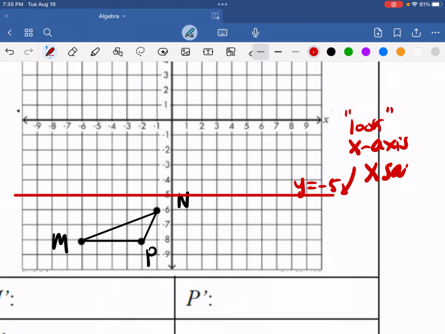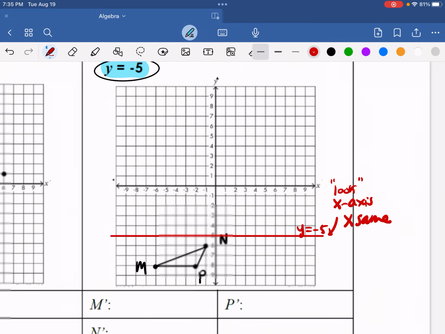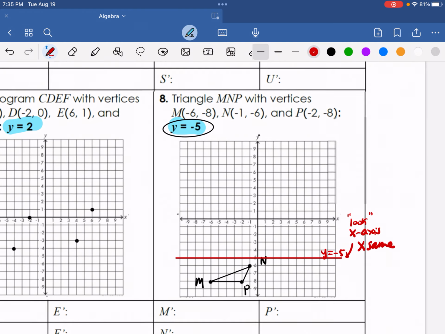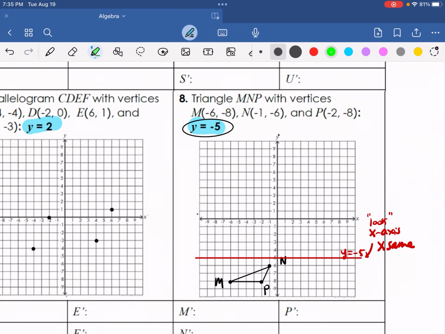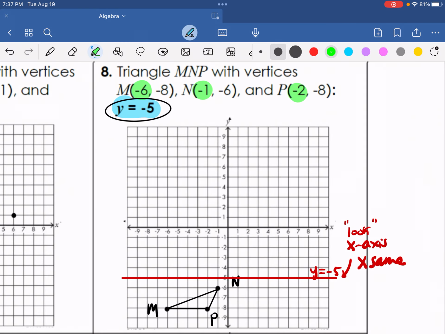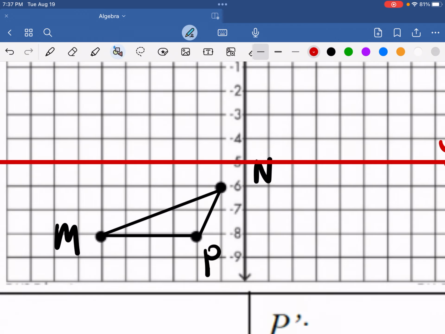So the x's will all stay the same, even though it is lower. So you guys should notice on your answers that it's still -6, -1, -2. Now on the y values, are they going to turn the opposite number? No, not anymore. If we were at 0, yes, they would turn into the opposite number, +8, 6, and +8. But because we are brought down at -5, no, they're going to be a totally different number. So you have to count.